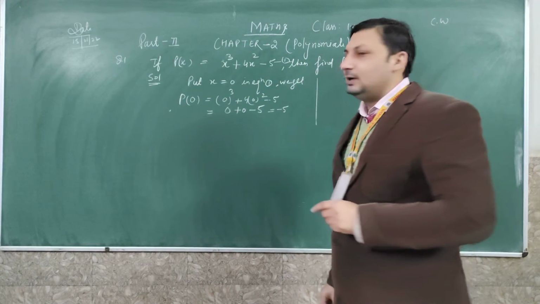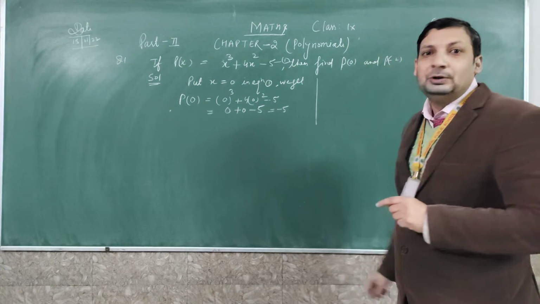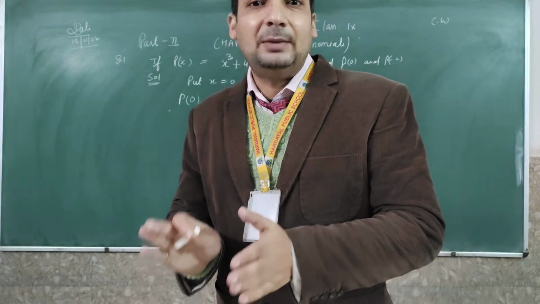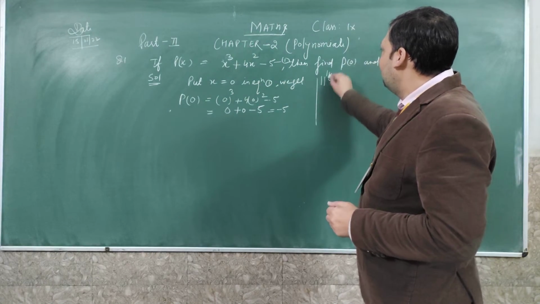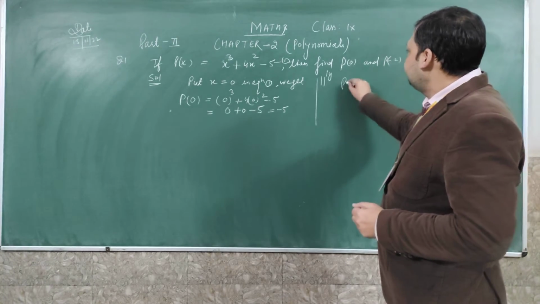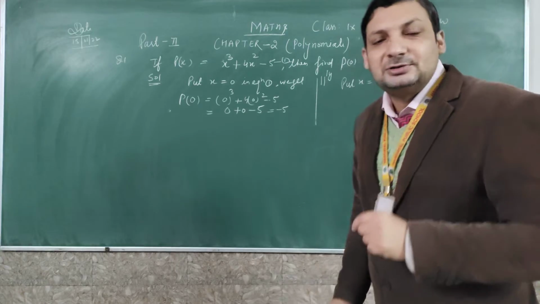Now if the examiner asks the same question, find p(minus 2), it means we have to change the value of the variable every time. So what will we do in this? Similarly, put x equal to minus 2. Why are we putting x equal to minus 2?